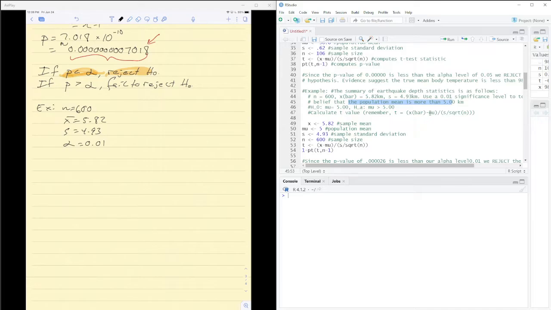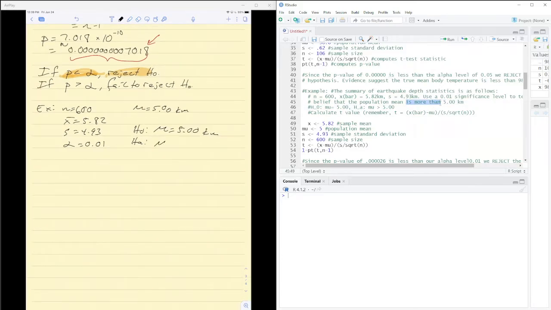So the population mean is more than 5.00 kilometers. Your null hypothesis is that the mean is 5.00 kilometers. Your alternative hypothesis, notice this is a greater than statement. We test the belief that your mean is more than 5 kilometers.